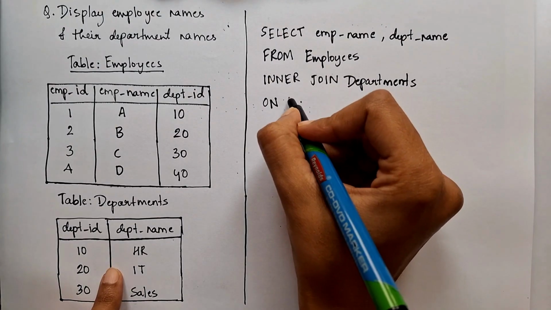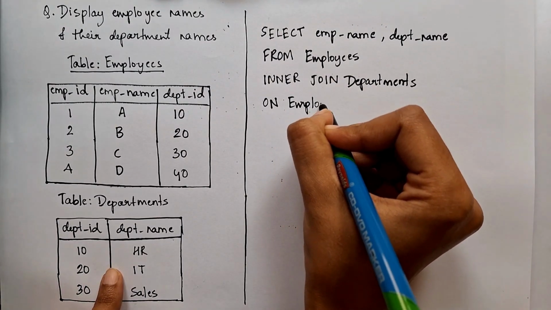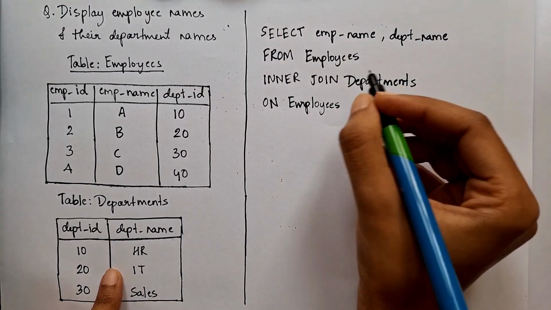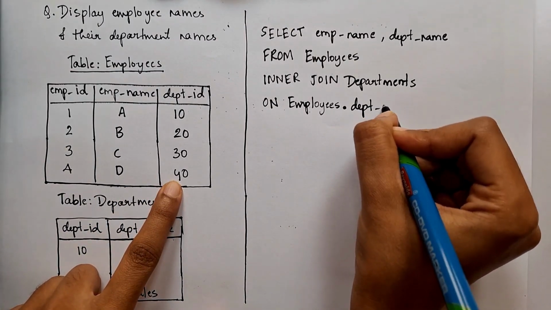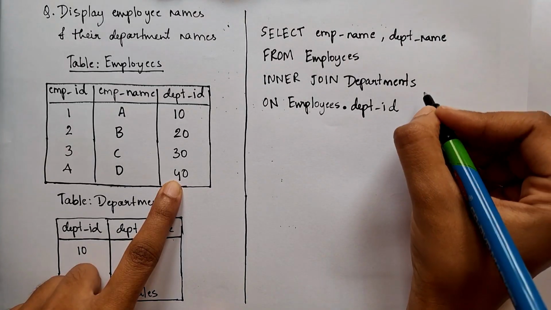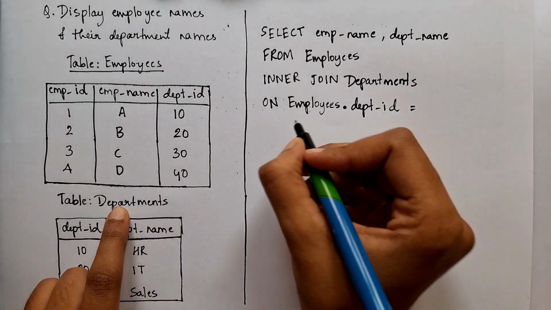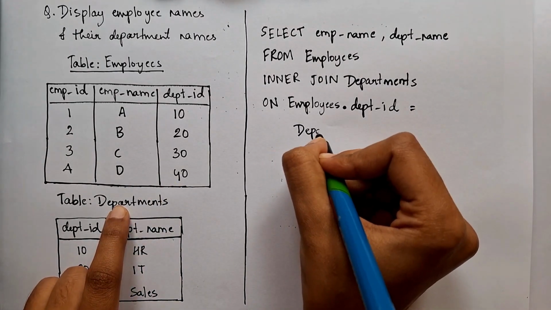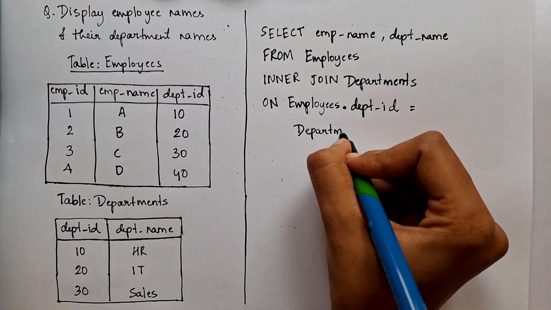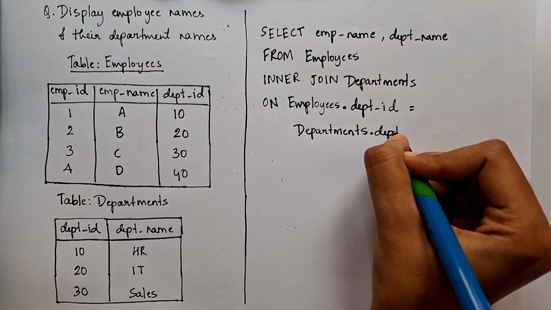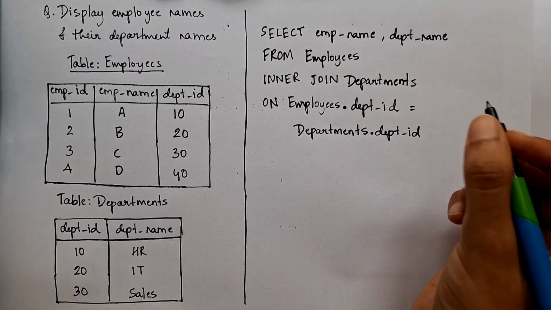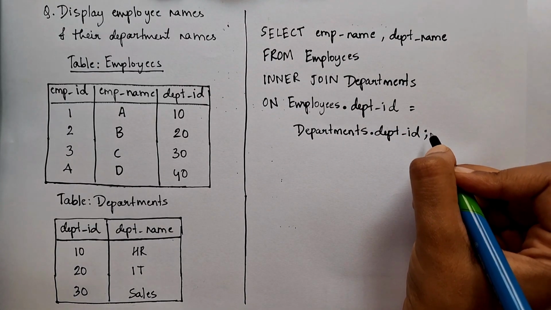So I write employees dot department ID is equal to departments dot department ID, and I end it with semicolon.